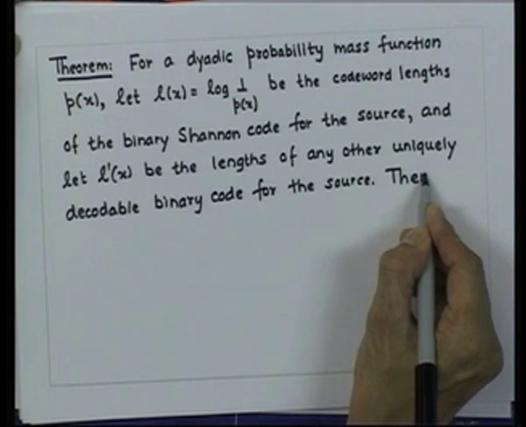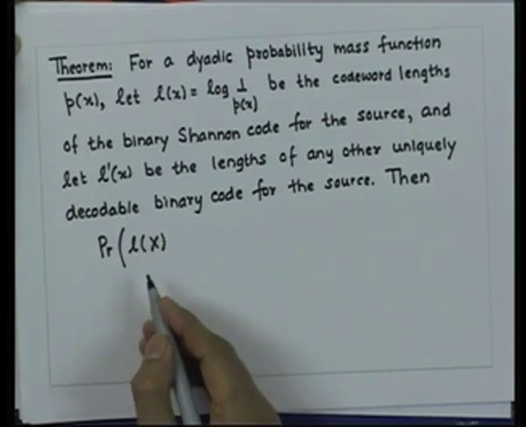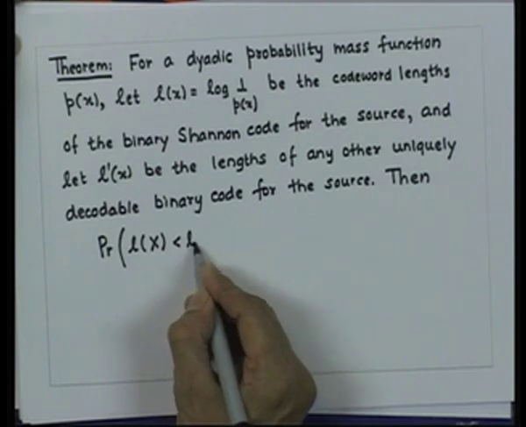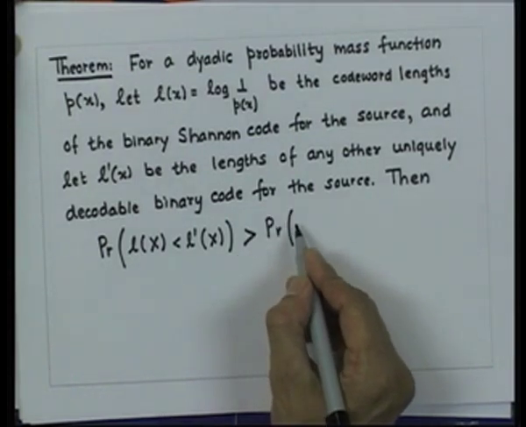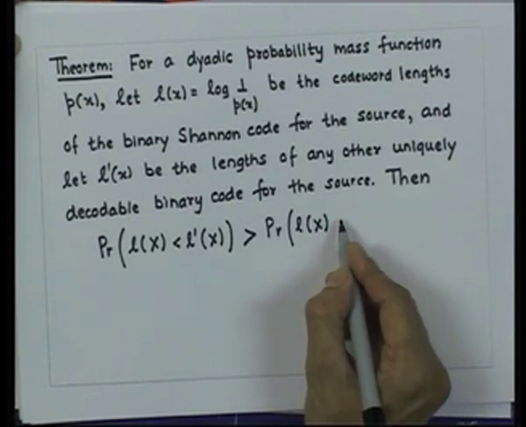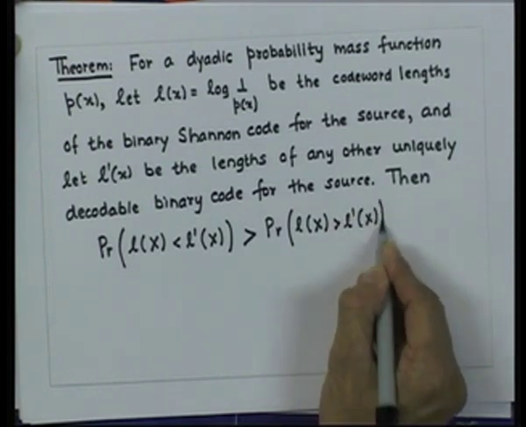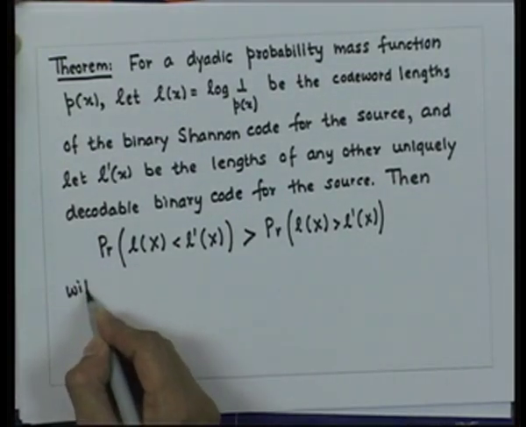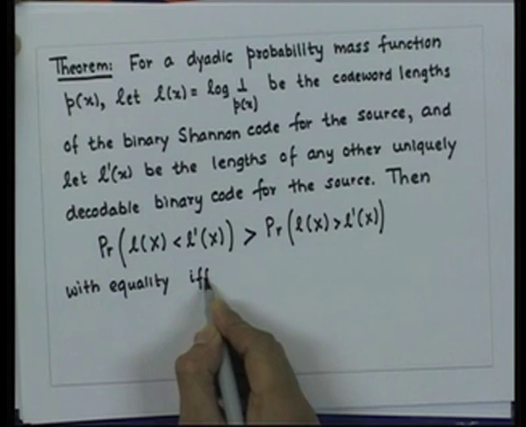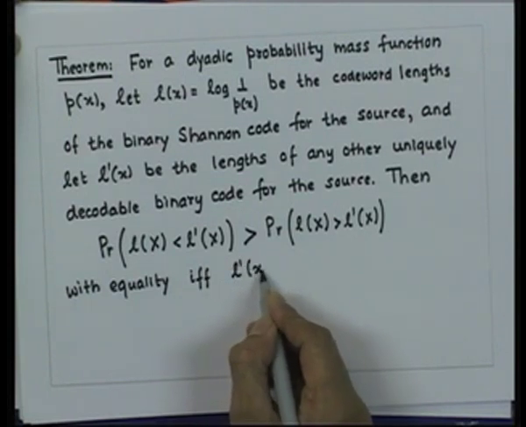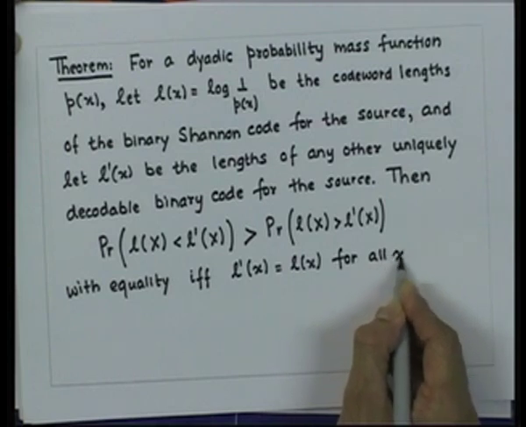Then the theorem says that the probability of Lx being less than L dash x is greater than the probability of Lx being greater than L dash x, and this is with equality if and only if L dash x is equal to Lx for all x.